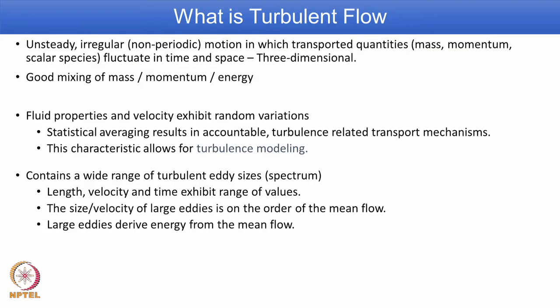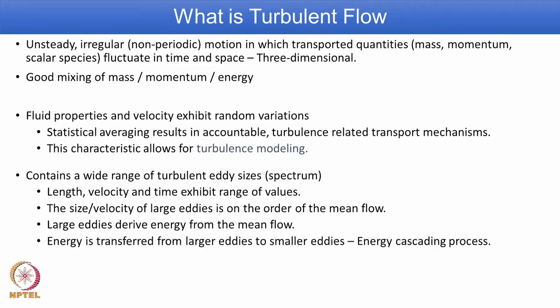Then there is a process called energy cascading. I am going to explain that in the next slide with the help of a sketch. Large eddies derive energy from the mean flow, they in turn pass it to the next smaller size, they in turn pass it to the next smallest size, and it goes on. Finally, at the smallest size it gets dissipated by viscous action.